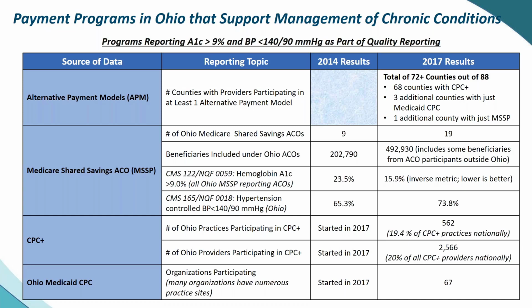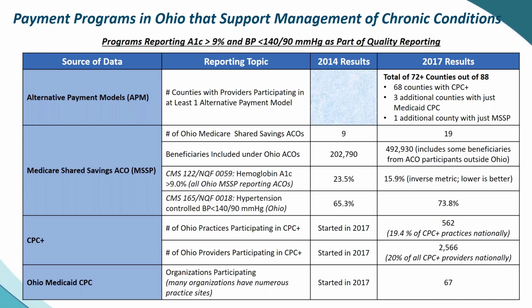So what impact do we see from CPC+ and the Ohio Medicaid CPC? The interesting thing is both of these programs started in 2017. So this grant really gives an excellent indication of the impact of those programs in the state. For those of you who are not aware of it, Ohio was head and shoulders above any other state in the nation with the number of sites participating in CPC+.